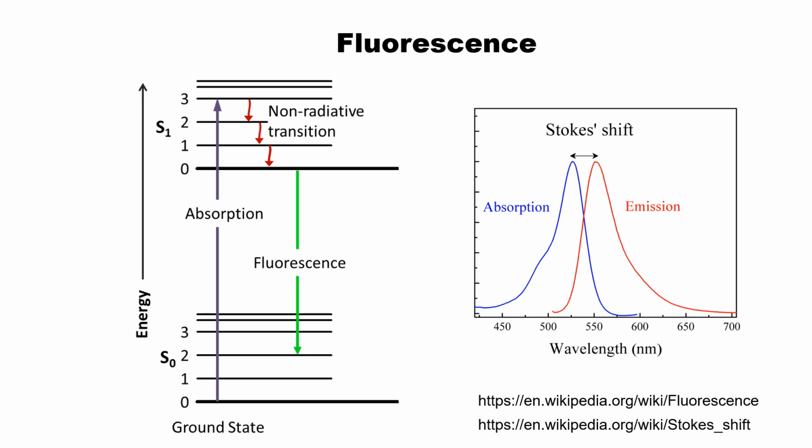The difference between absorption light and emission light, the wavelength difference, is called the Stokes shift. The absorption of the molecule can be defined by this formula: absorbance is the extinction coefficient multiplied by path length and also multiplied by concentration. So if the amount of the material, the concentration, is high, then absorption is also increased.